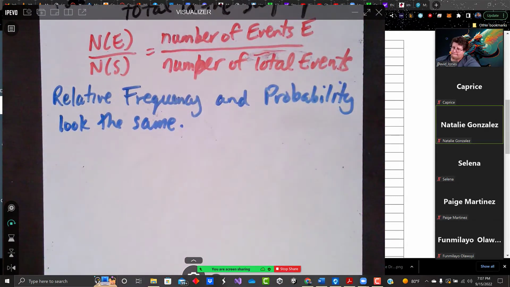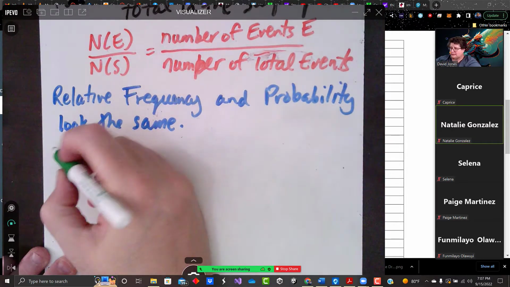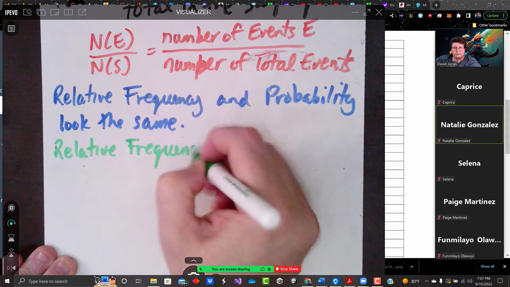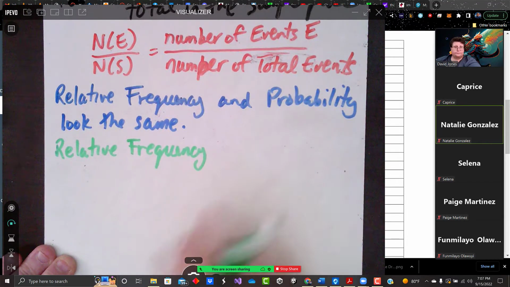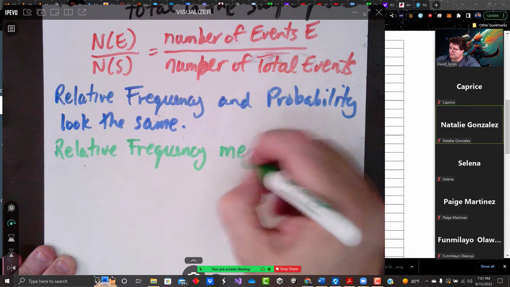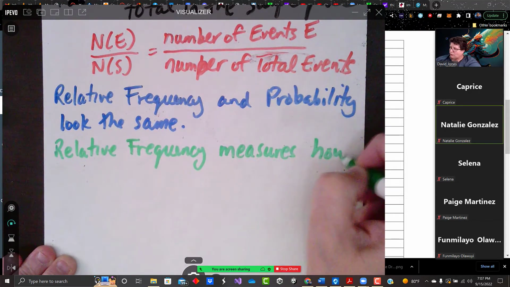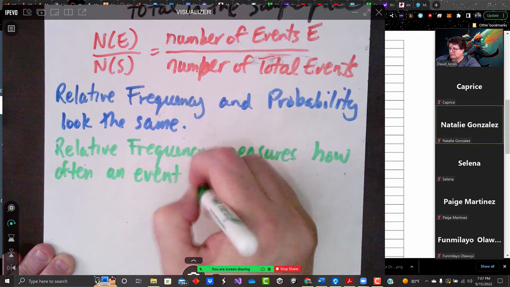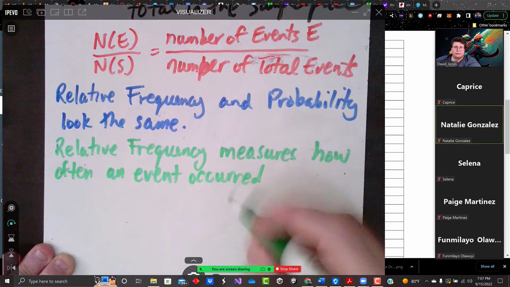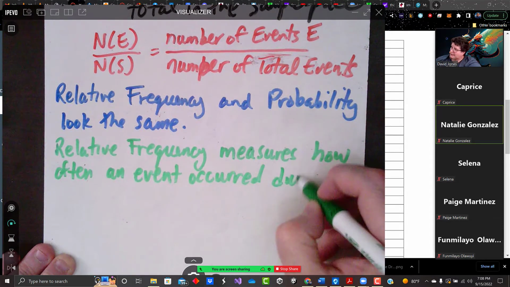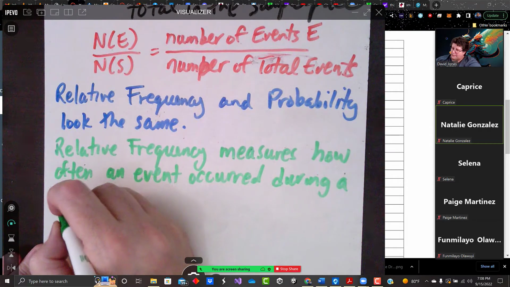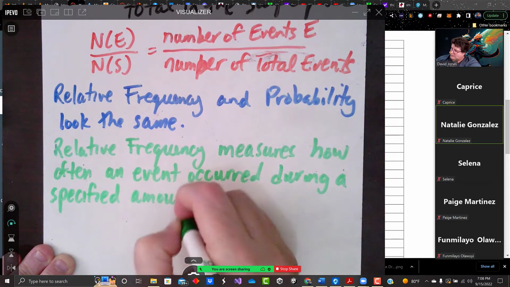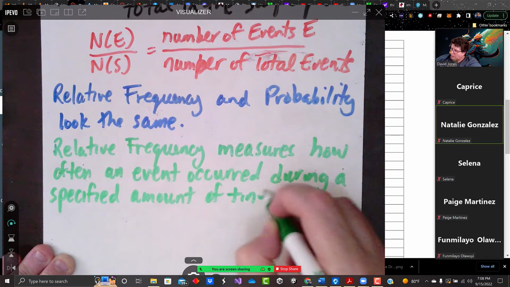Relative frequency measures how often an event occurred during a specified amount of time or number of events.